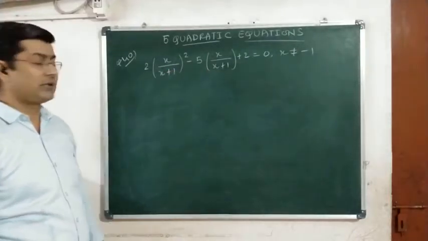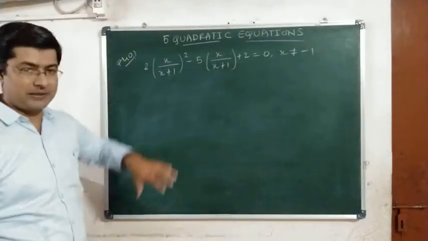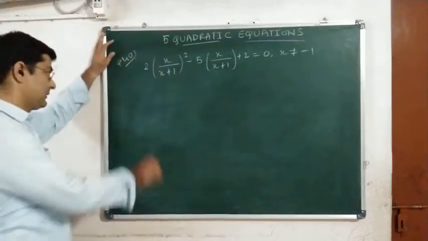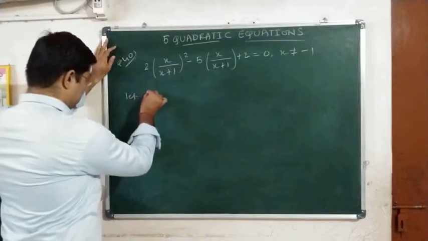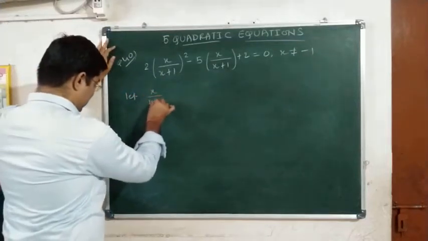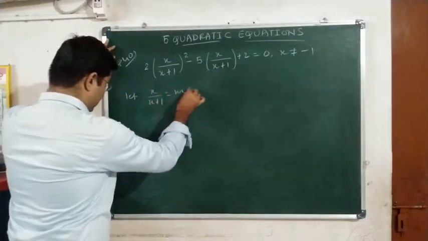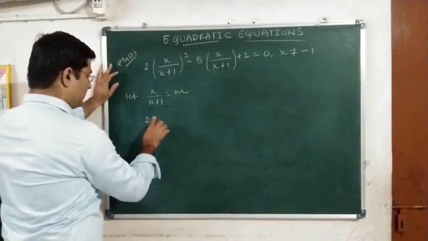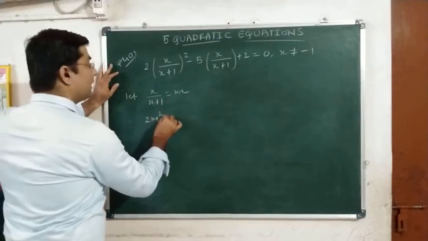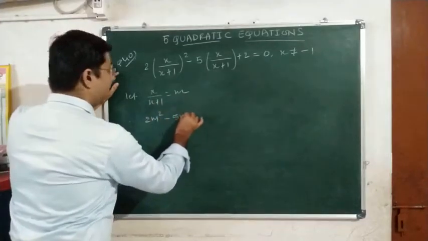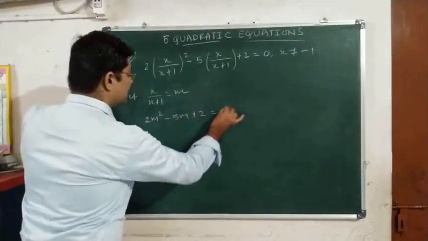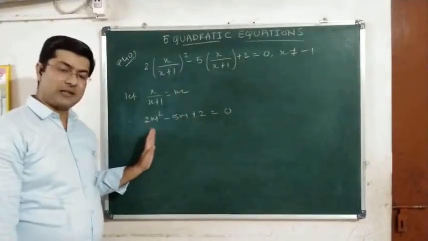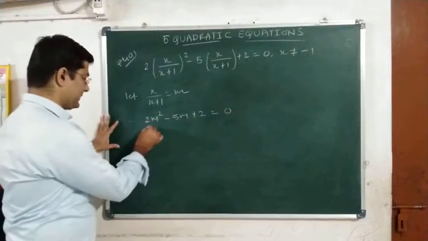So what we can do, we can substitute for this particular bracket. Suppose we are substituting m for this bracket. Then let x upon x plus 1 is equal to m, and therefore the equation will become 2m square minus 5m plus 2 is equal to 0. Now this has turned to a simple quadratic equation which we can factorize.